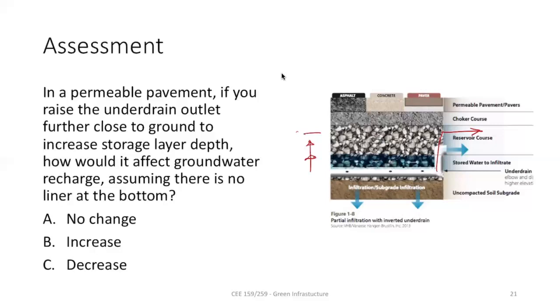Q equals K I A. A is the area of your permeable pavement. That doesn't change by raising the outlet. K is hydraulic conductivity, about the medium. That doesn't change by the outlet either. The only thing that changes is I, which is dH over dL.